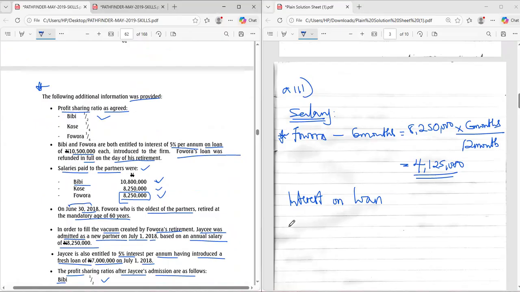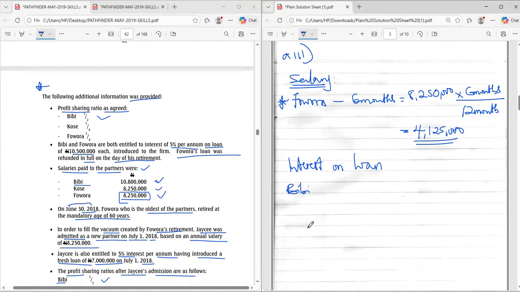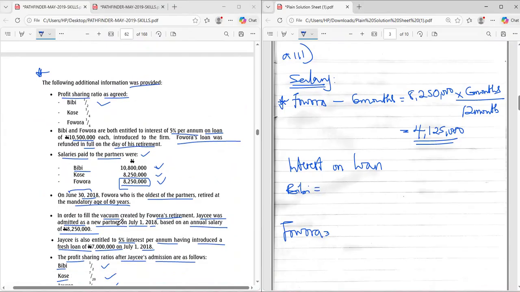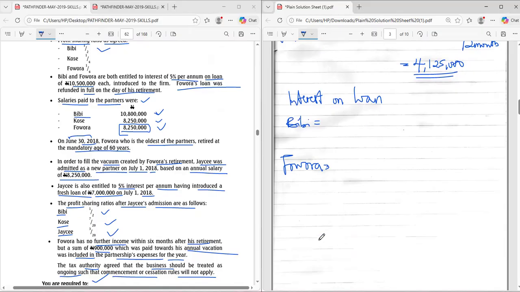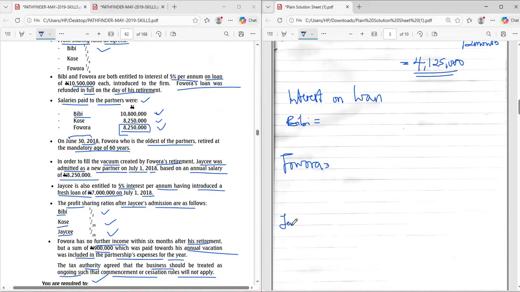So BB gave us loan, Fowora gave us loan, then JC gave us loan.